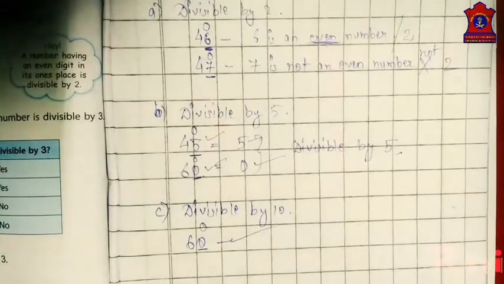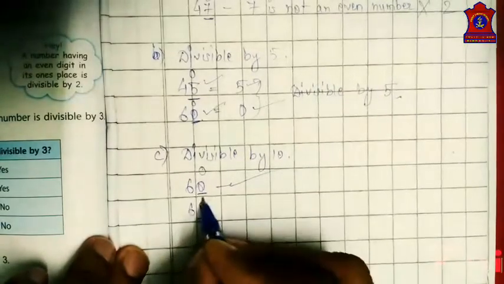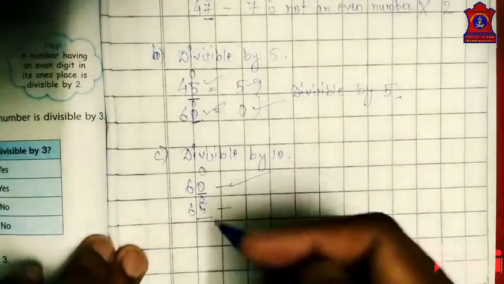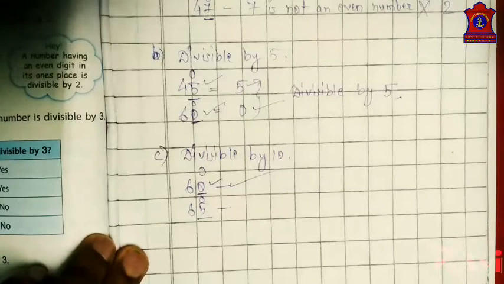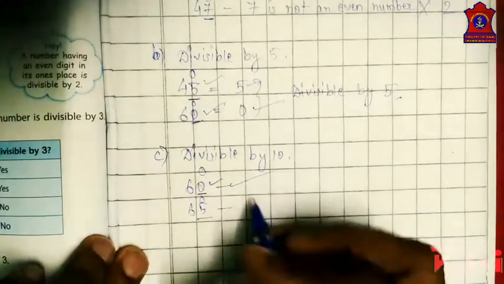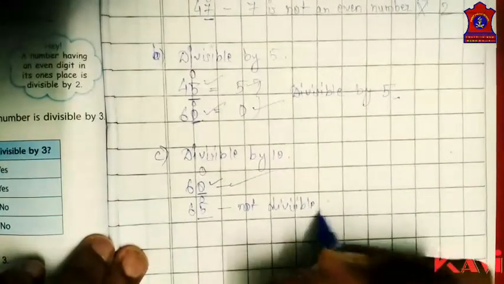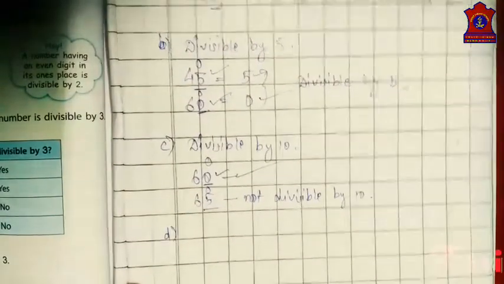If you're getting a number like 65, what is there at ones place? 5. You have to find out there should be 0 at ones place. If there is any other number than 0, then it is not divisible by 10. Clear?